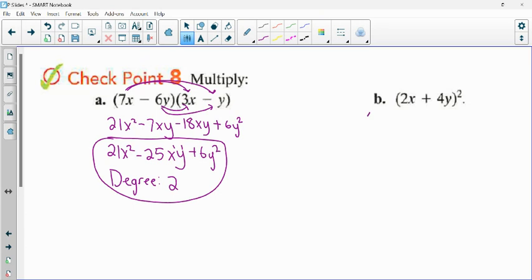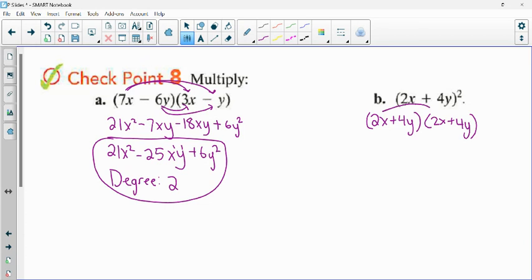So we have to write this as 2x plus 4y times 2x plus 4y. We cannot just square each one individually. That doesn't work. If it was multiplication, if it was 2x times 4y and then all squared, you can just square each one. But when there's two terms, a binomial, we're going to have to write it twice, and we'll figure out the shortcut in a little bit.